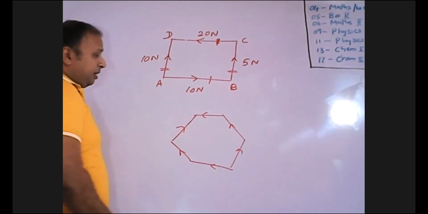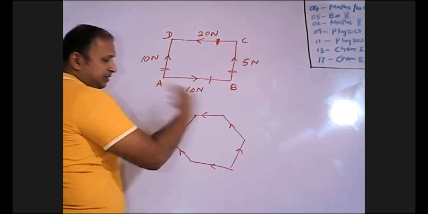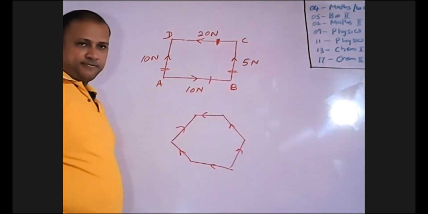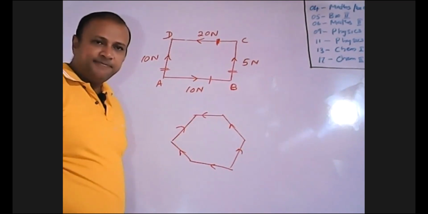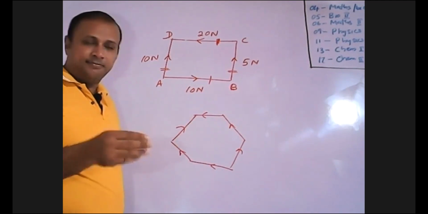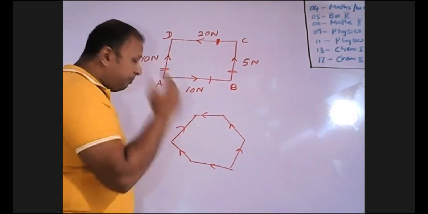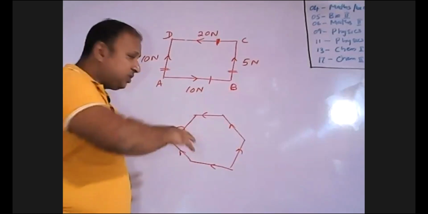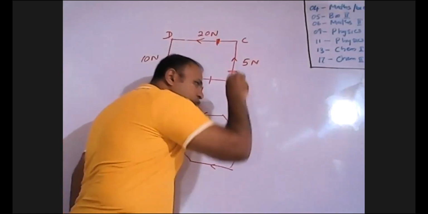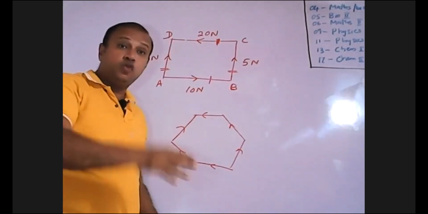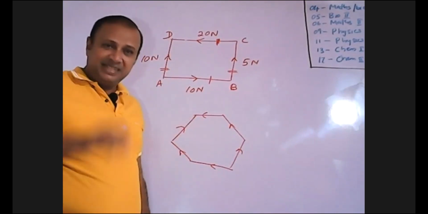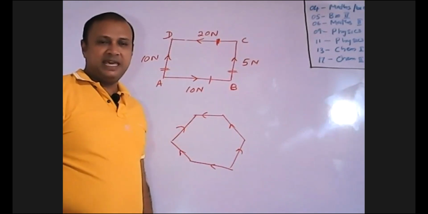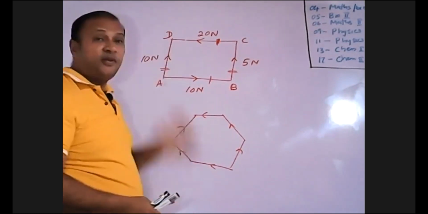Therefore, if there are so many vectors in this vector system, we cannot get the resultant force at once. But if we reduce this vector system into two vectors, we can get the resultant. That is the argument of this kind of question.